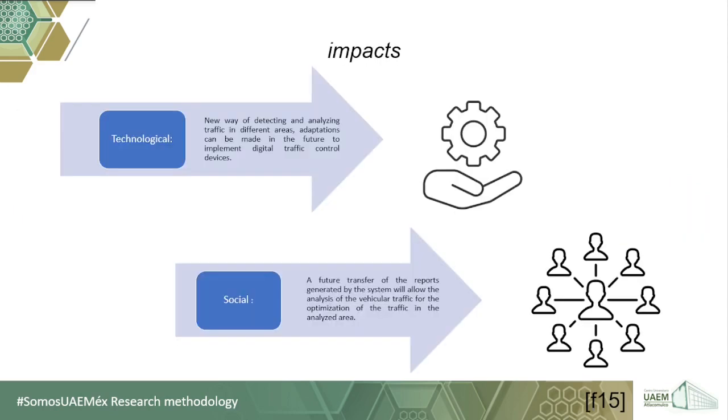For technological impact, we have a new way to detect and analyze the traffic in different areas. Adaptations can be made in the future to implement digital traffic control devices. In social impact, the reports generated by the system will allow the analysis of vehicular traffic for the optimization of the streets.